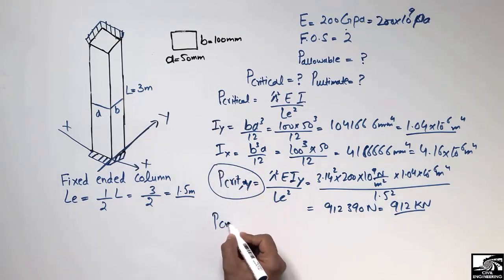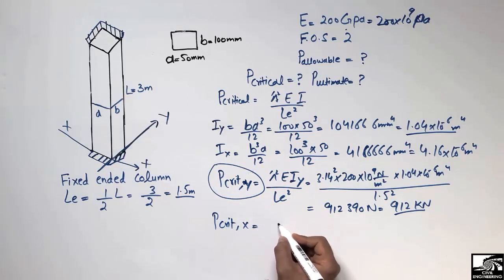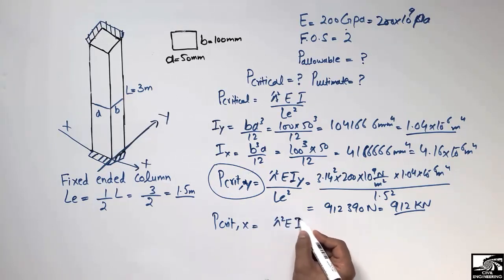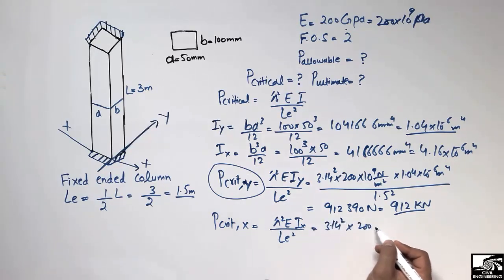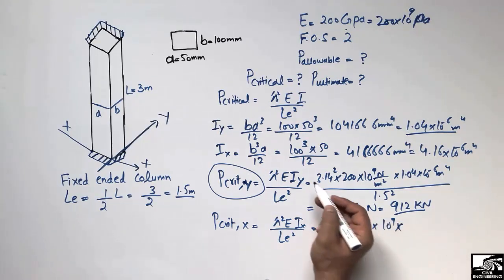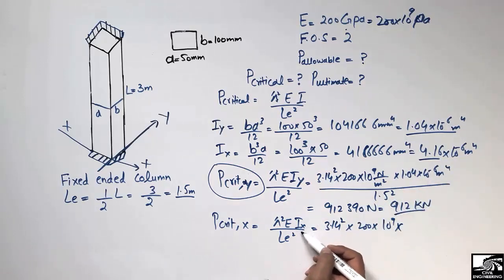Now P critical along the x direction. It will be the same formula, but we have a different moment of inertia here, where Ix is different.